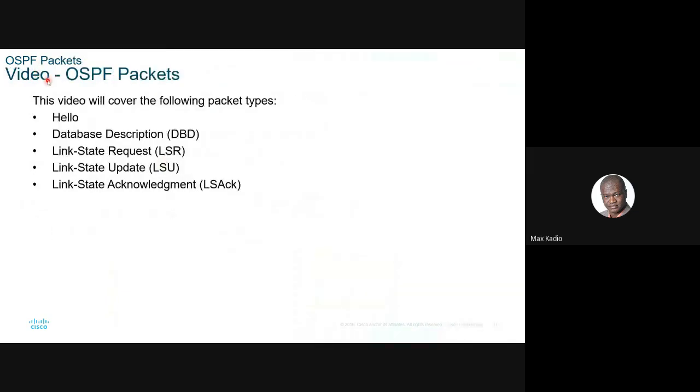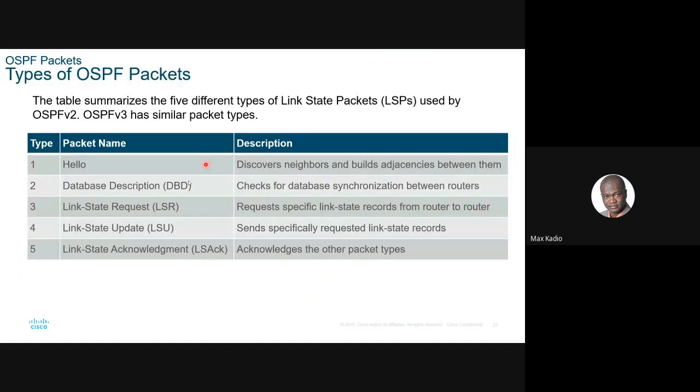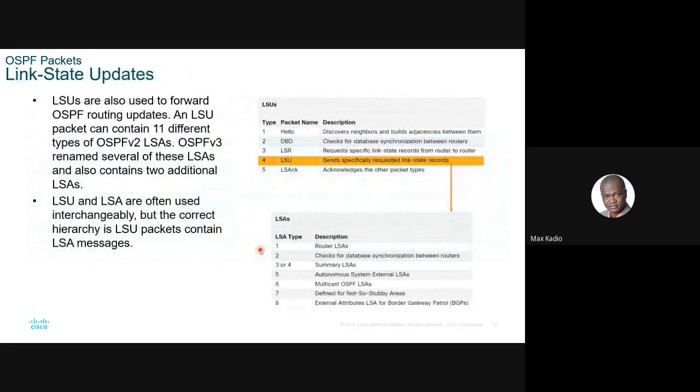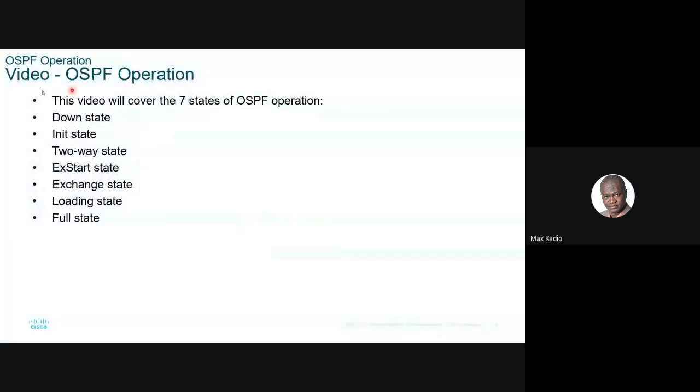If you check the video, we explain how two routers can get a full neighbor relationship to start. We explain what hello is and how neighbors are discovered. We also have another video in chapter 1.